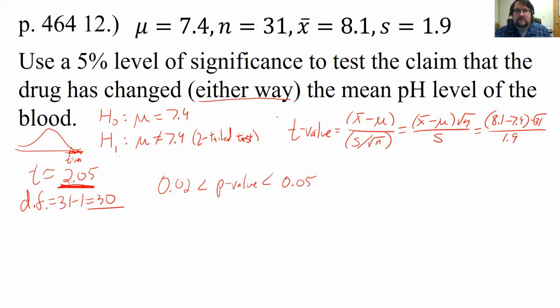Okay, so this is our level of significance. If the p-value is 5% or lower, we reject the null hypothesis. It is less than 5%. Reject the null hypothesis. So the claim the drug has changed the pH level, yes.